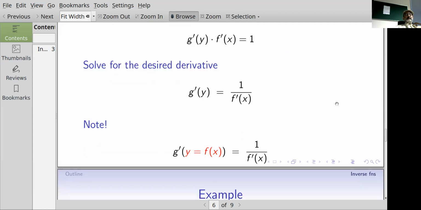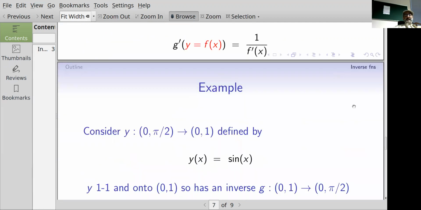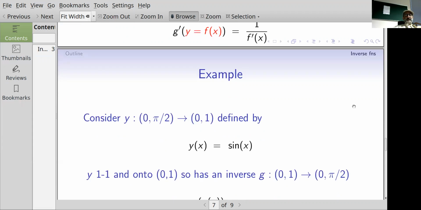Okay. So for example, we have a function which sends the open interval 0 to pi over 2 to the interval 0, 1, defined by y of x equals sine of x. Okay, if you graph that, you'll see that it passes the horizontal line test and that it's onto. So you get that this is 1 to 1 and onto, and so it has an inverse.